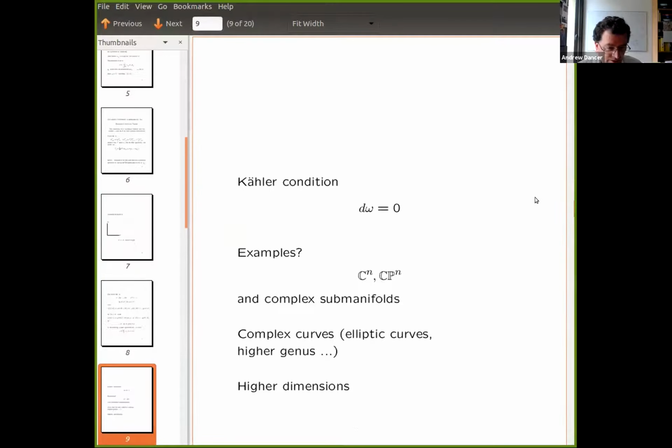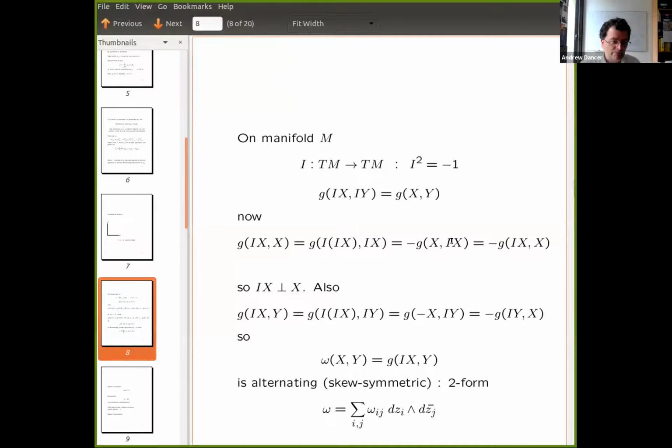We could push that argument a little bit further, applying essentially the same argument to G(ix, y), the inner product of Ix and y in the metric. That tells us that this is equal to minus G(x, iy), which by symmetry is minus G(iy, x). So that means that the tensor we form, omega, defined by saying omega(x, y) is the metric applied to (Ix, y), is actually alternating.